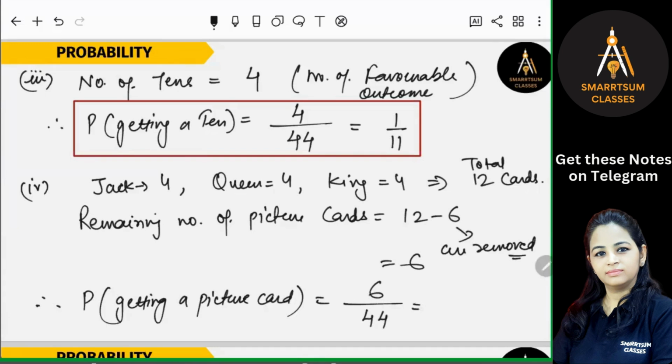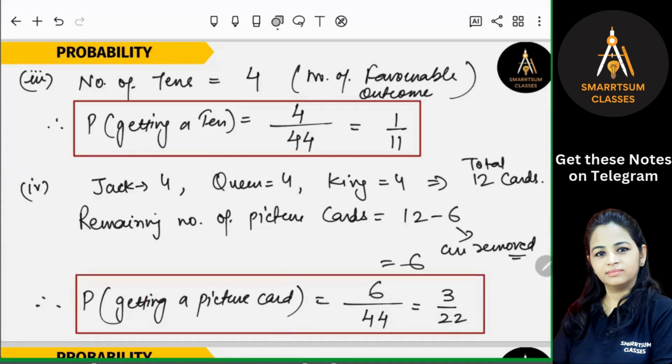So you can now write this in lowest form. This is 3 upon 22. So the probability of drawing a card at random and getting a picture card is 3 by 22.